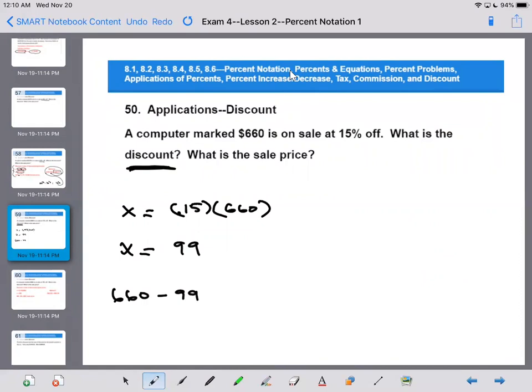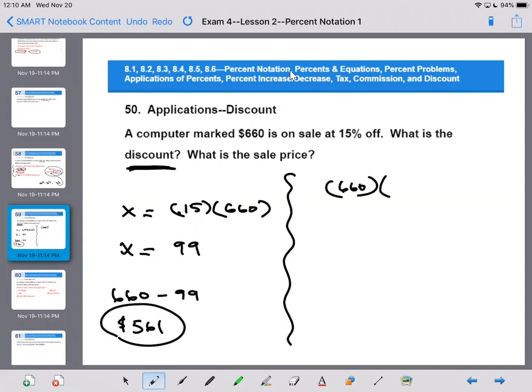So when you take 660 and subtract 99, roughly $100, you're going to get $561 as your final price. Or you can think, well, it's $660 and I'm getting 15% off, which means I'm only paying 85%.